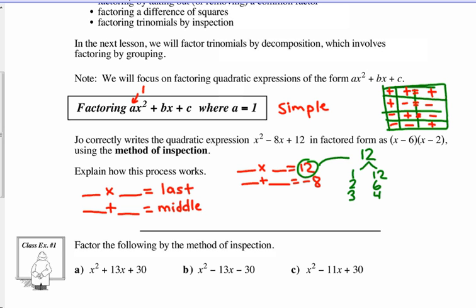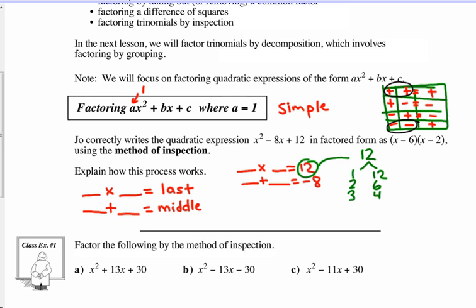So if we want to multiply to a positive, there's two ways. How do we multiply to a positive? Two negatives or two positives. In this case we want to add to a negative, so our numbers have to add to a negative.